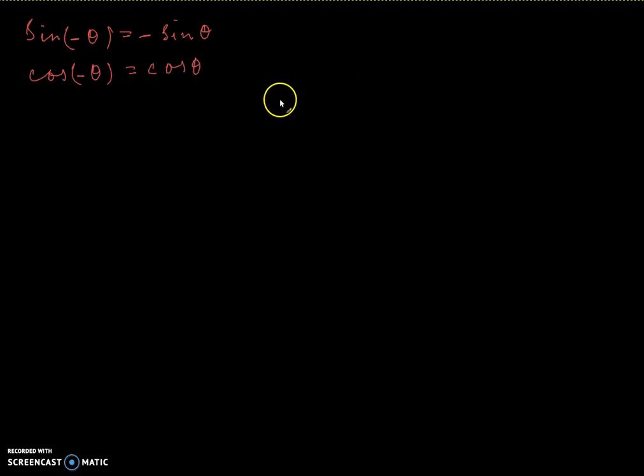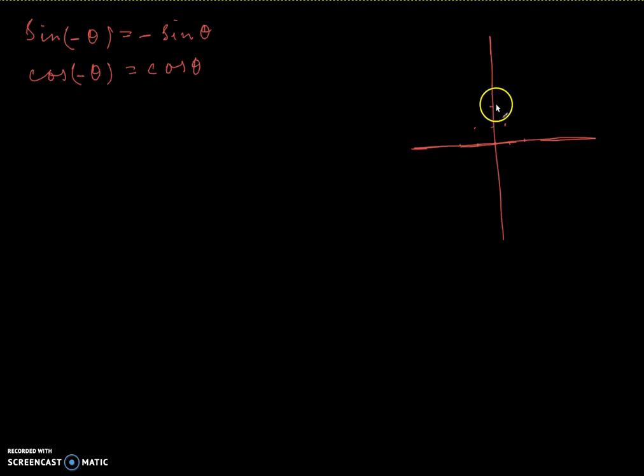But basically an even function is something like y is equal to x squared. If you have y is equal to x squared, you have a graph like this. And let's say this is 1, and this is 1. So 1 squared is 1, and 2 squared is 4.